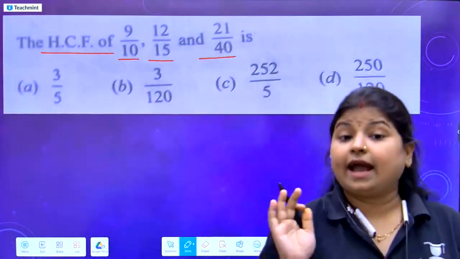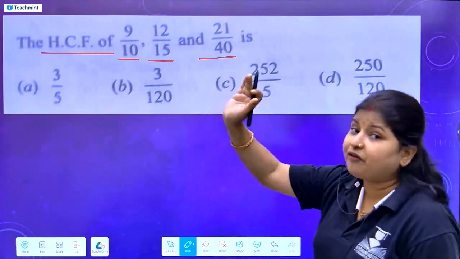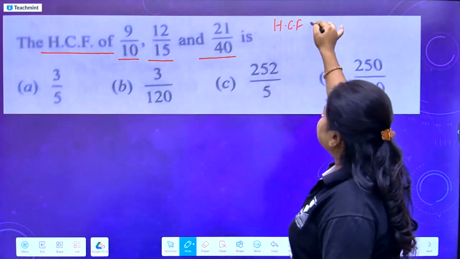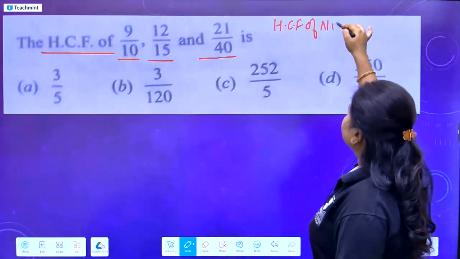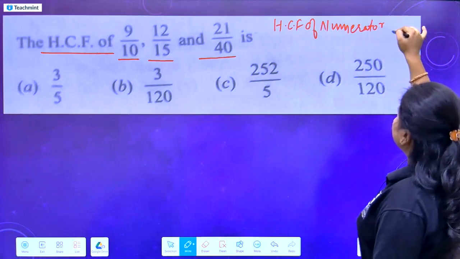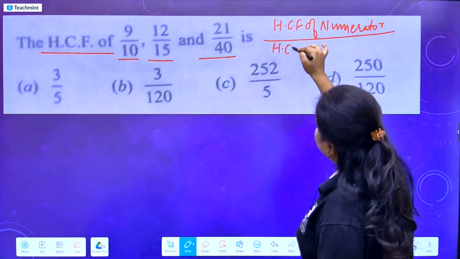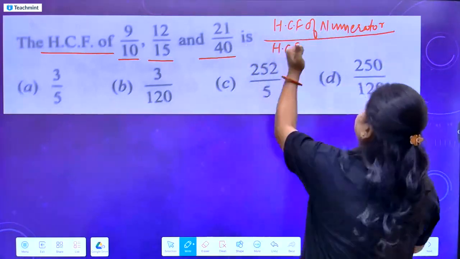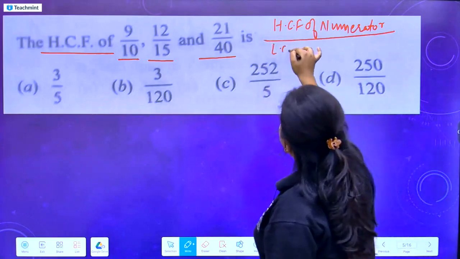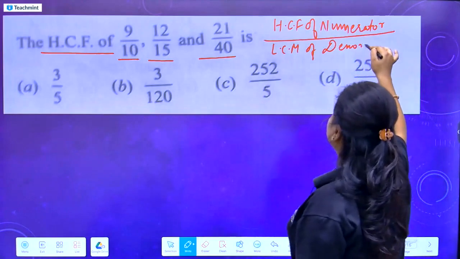And we know the formula that HCF of fraction means HCF of numerator upon LCM of denominators. Okay, this is the formula.